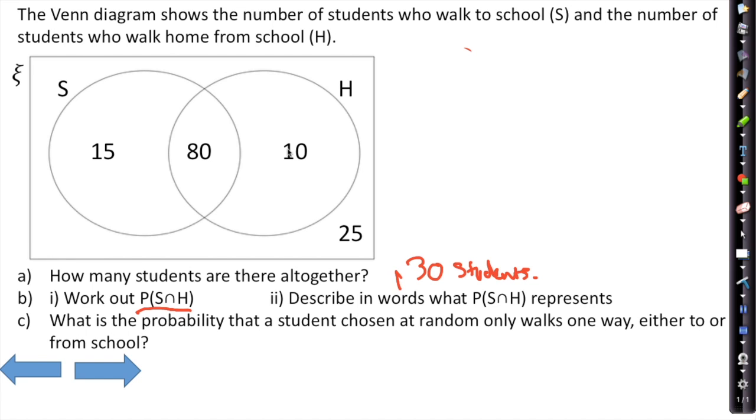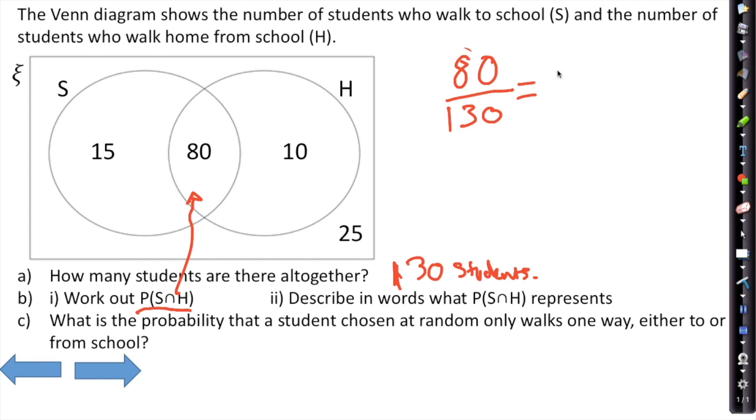If you worked out previously, and remember if you've got part A, part B and part C, part C are very likely to be linked to what you've done previously. So it's just an understanding that the intersection is this bit here. So it's 80. 80 is the part, and the total is 130. So the probability is 80 over 130.